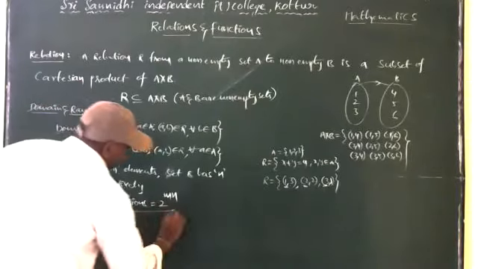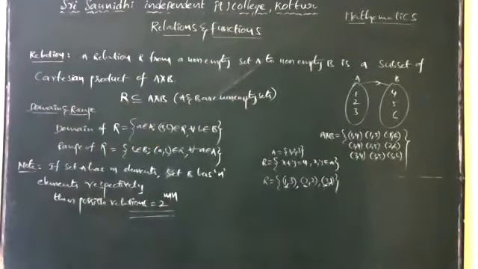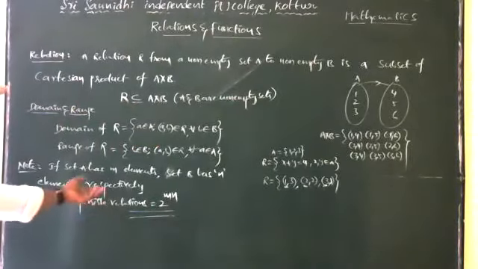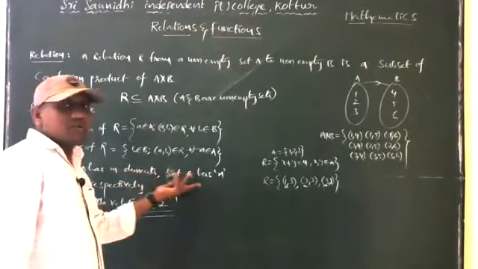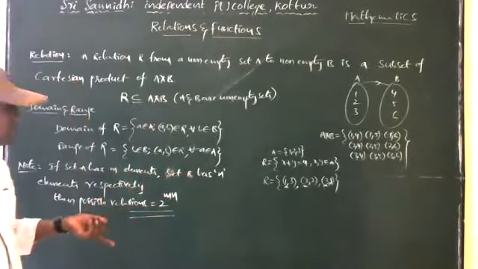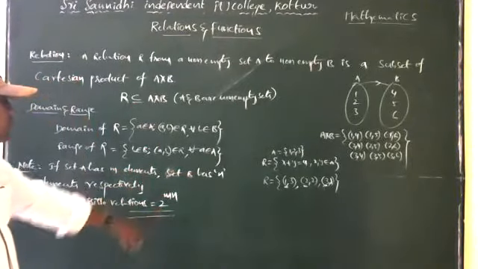This is the formula for the number of relations from A to B. When A has m elements and B has n elements, both non-empty sets, then that is 2 to the power of mn.